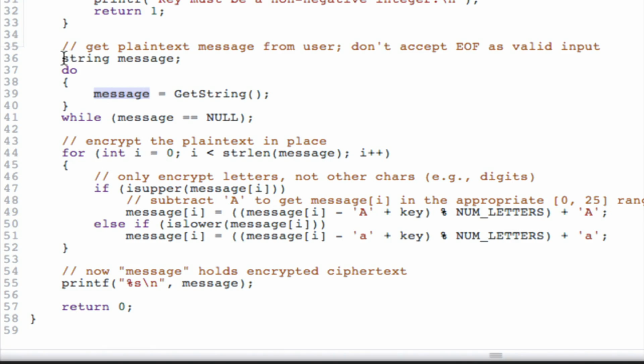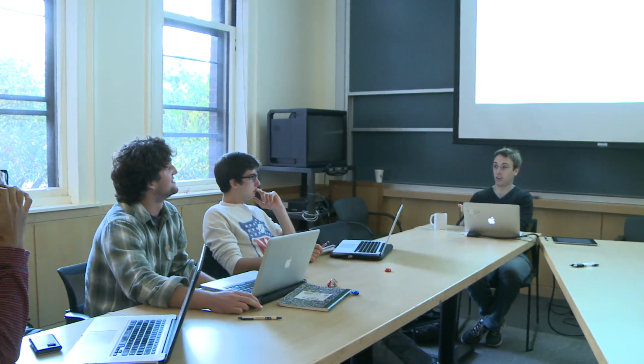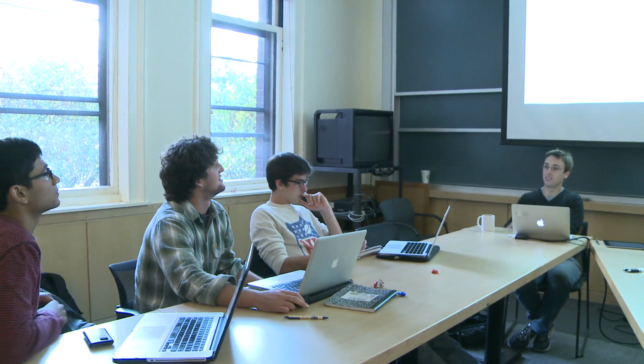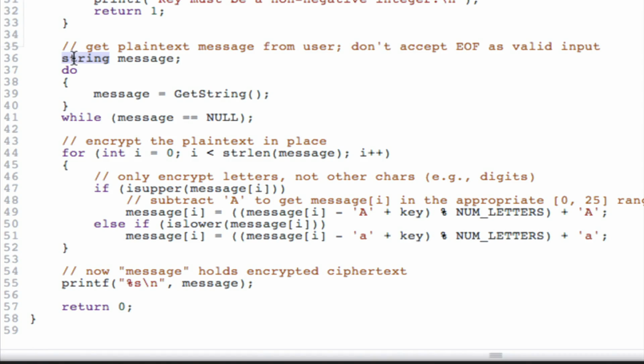And here, because we're using the CS50 special string type, what is the CS50 string type? Have you seen what it is when David pulled back the hood in lecture? It's a pointer, right? Yeah, it's a char star. And so really we could replace this right here with char star message.